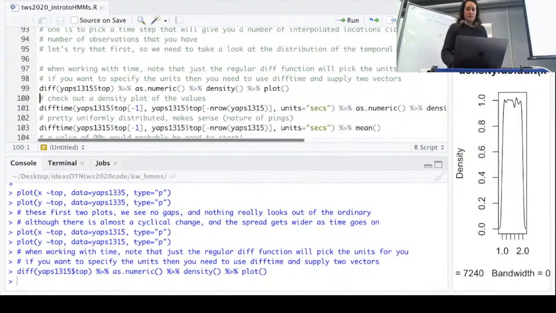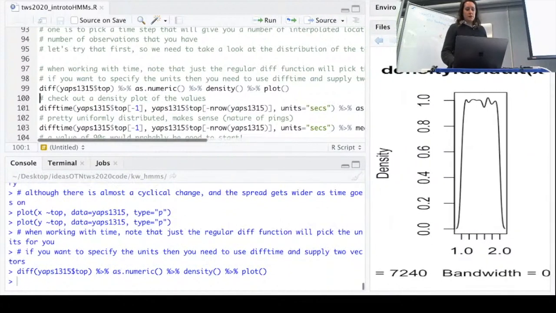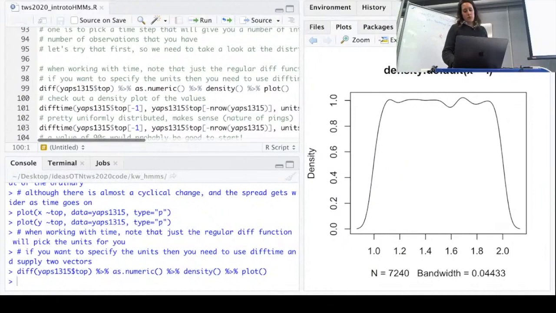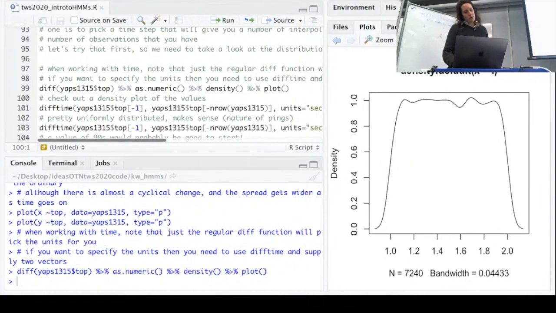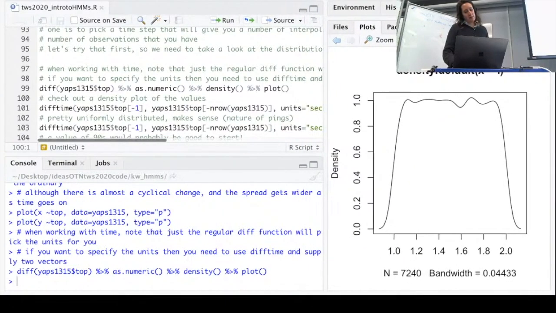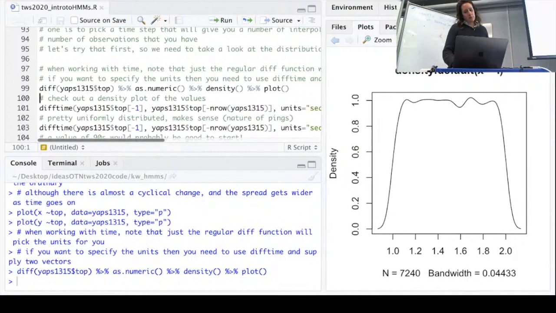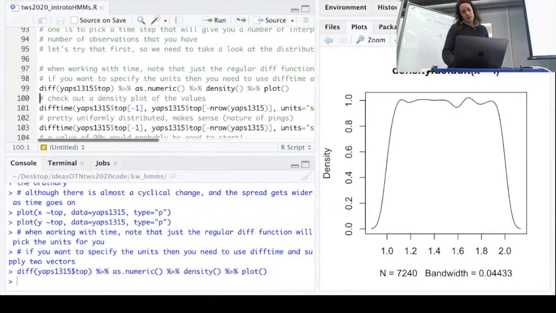What am I doing here? First, what I'm looking at here is just the time of the pings. This numeric density plot is just the timing of the pings. So I'm actually kind of confused. Oh, no. So here what I'm looking at is the difference in the timing of the pings.